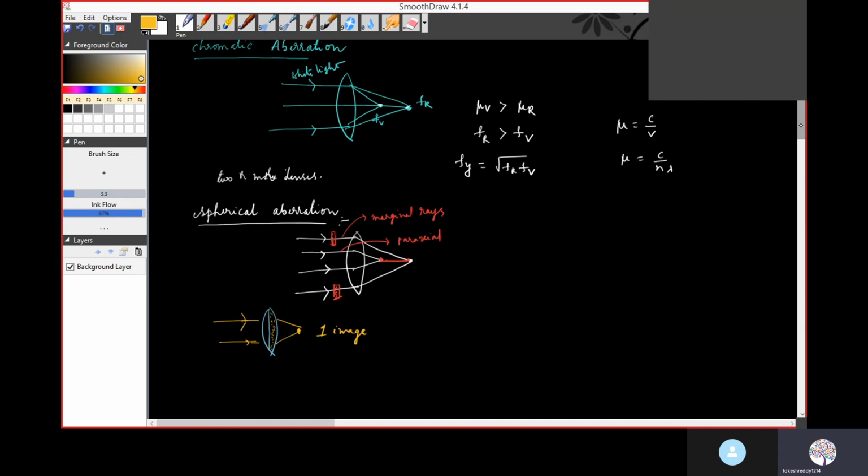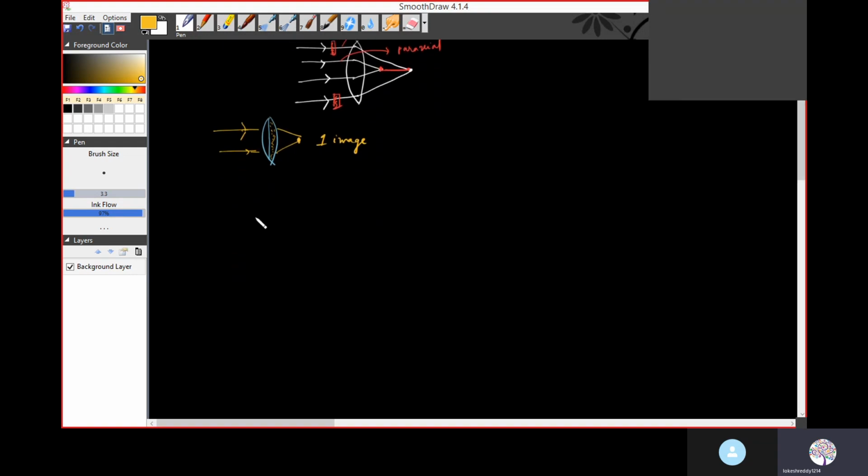Whereas if this is a convex lens with different refractive indices, say mu1, mu2, mu3 and mu4, then you will get four different images.